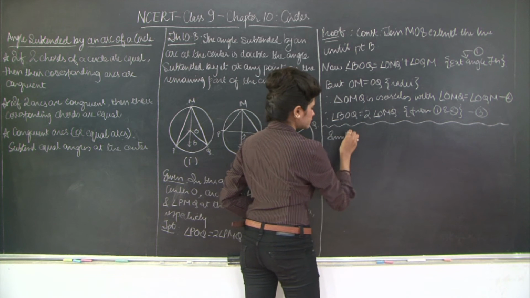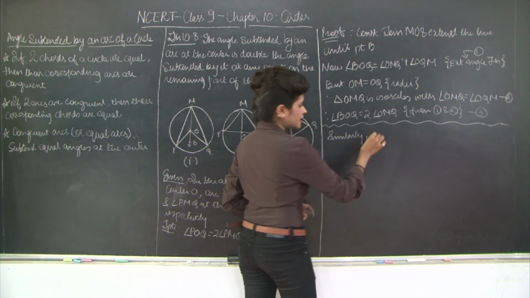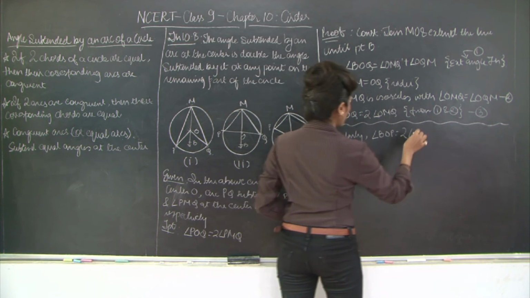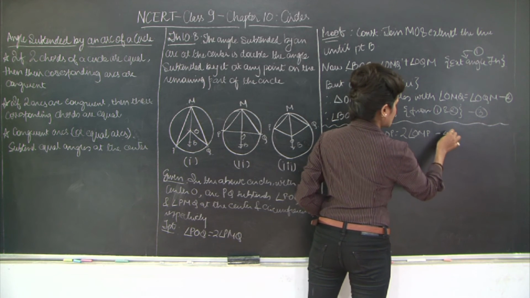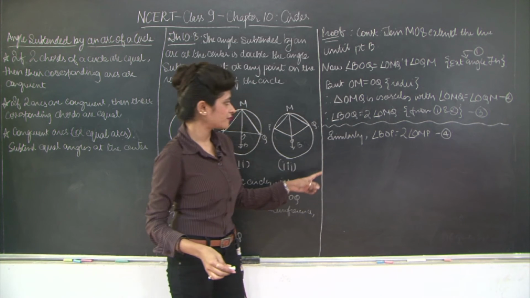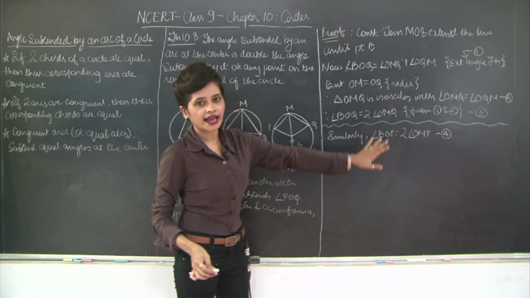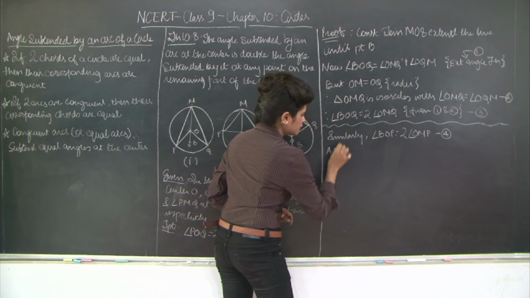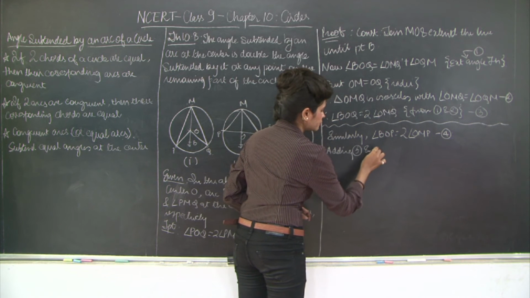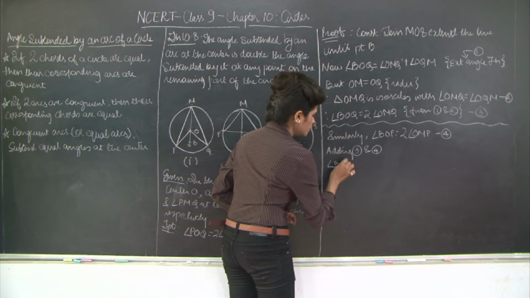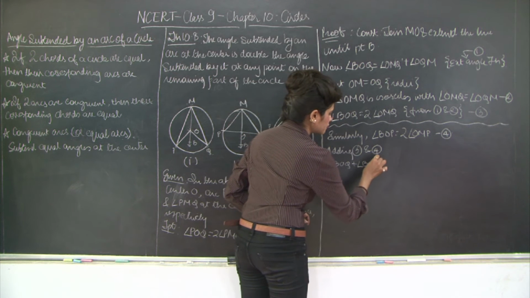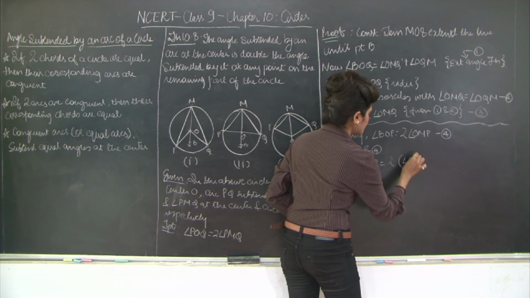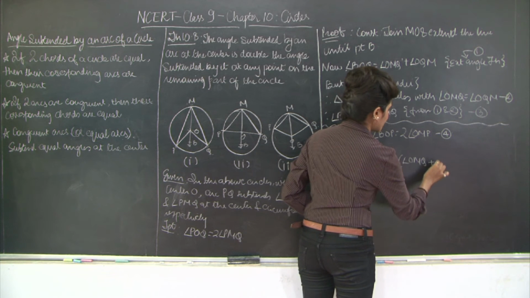Similarly, I can say that angle BOP is twice angle OMP. Let's mark this as 4. So when you add 3 and 4, you will get equals. When equals are added to equals, the wholes are equal. Therefore, adding 3 and 4, I get angle BOQ plus angle BOP is equal to twice angle OMQ plus angle OMP.